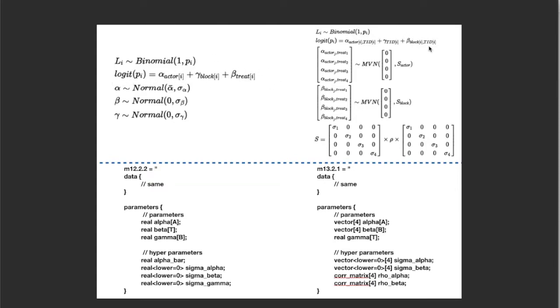From chapter 12 to chapter 13, the coefficients are extended from a 1D array, real alpha, to a matrix, like an array of vectors of length 4. Be careful: although the coefficients in chapter 13 are actually matrices, we can declare them as arrays of vectors, since the sampling function for the MVN distribution only accepts n-dimensional vectors.